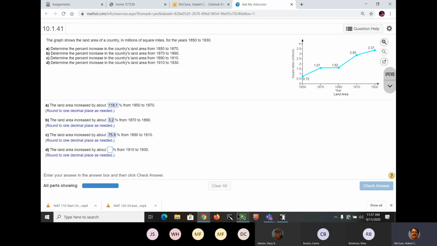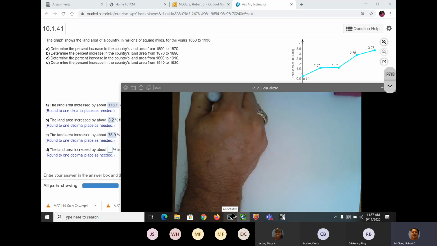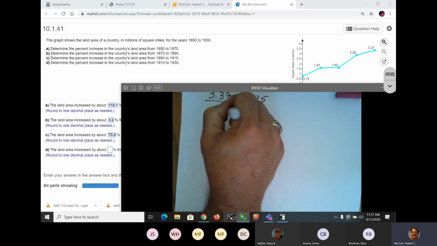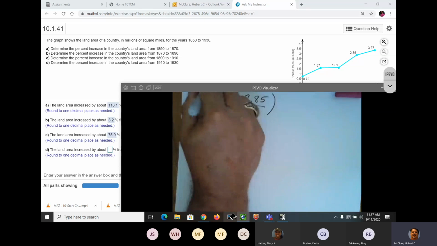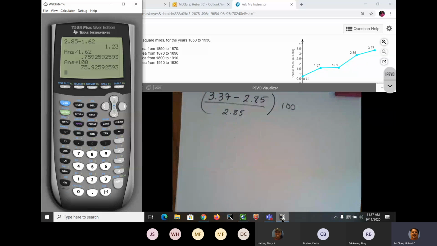Next, 3.37 minus 2.85 divided by 2.85 and multiply that by 100. And I would rather do this as 4 separate test questions, because that's a little monotonous right there. So I would suggest this is 4 good test questions. If I put it on a test, it would just be 1 question, not this question, but there'd be 4 different questions.